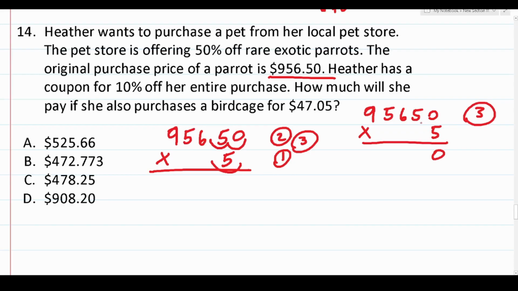0 times 5 is 0. 5 times 5 is 25, carry your 2. 5 times 6 is 30, 31, 32, carry a 3. 5 times 5 is 25, 26, 27, 28, carry your 2. 9 times 5 is 45, 46, 47. And my pen is starting to act up a little bit.